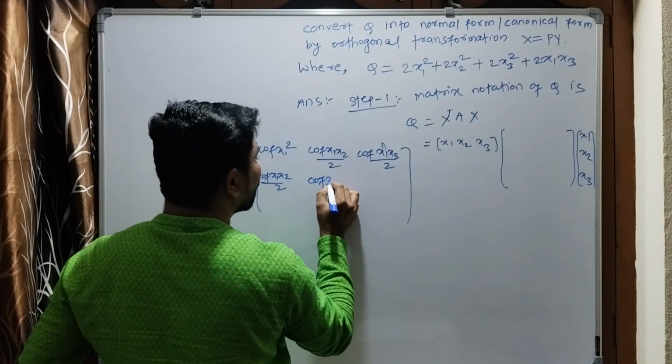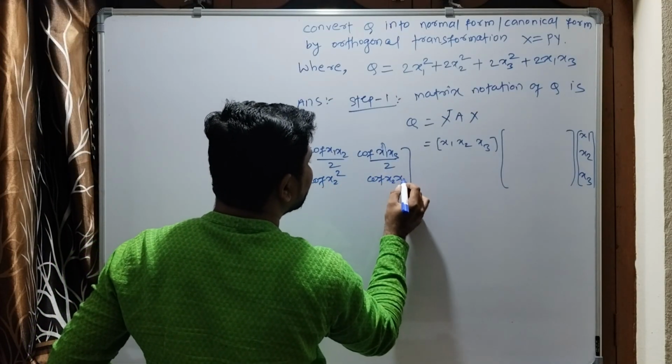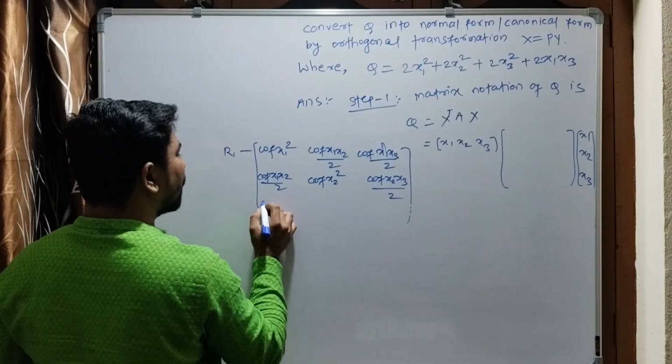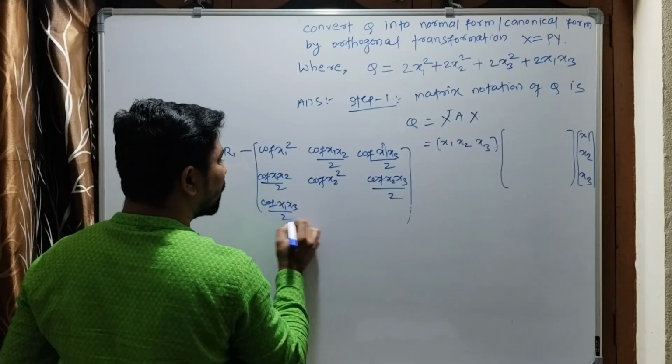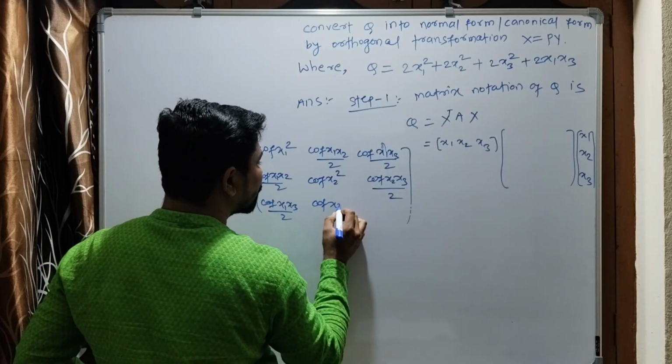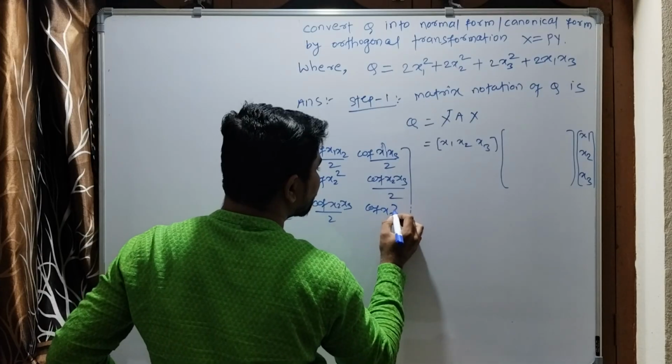The third row is the coefficient of x1x3 by 2, the coefficient of x2x3 by 2, and the coefficient of x3 square.